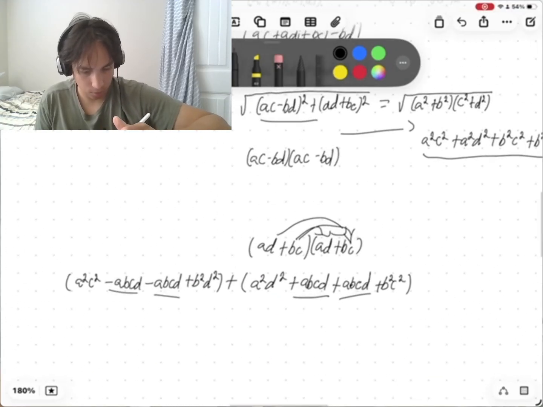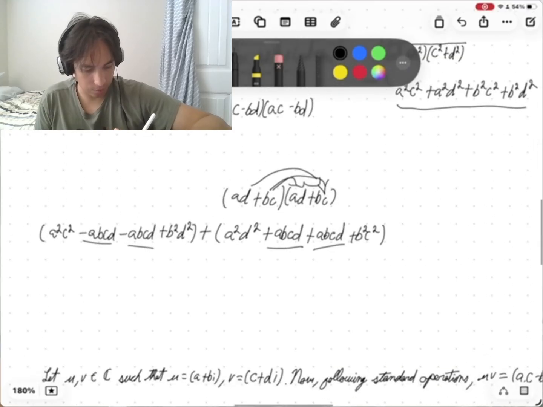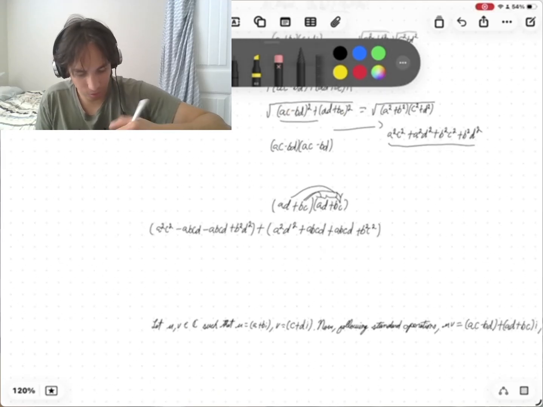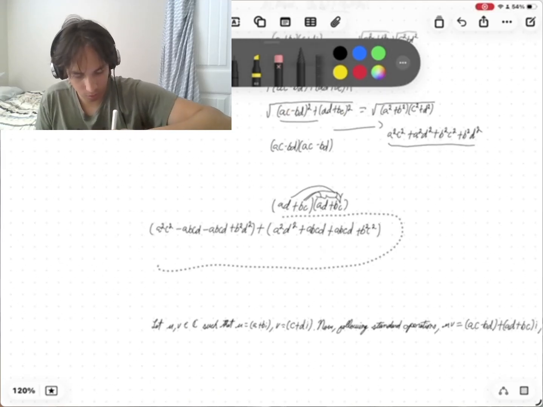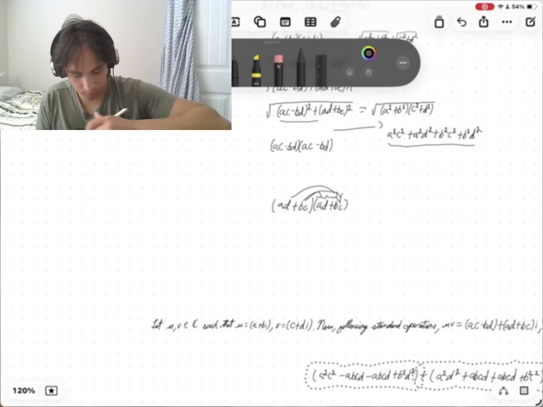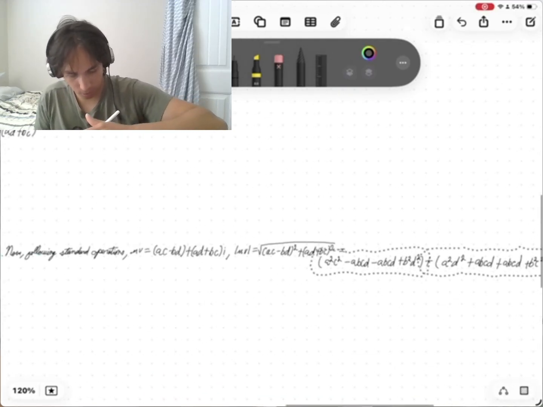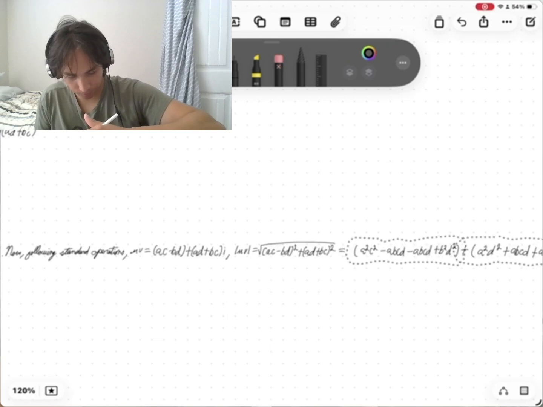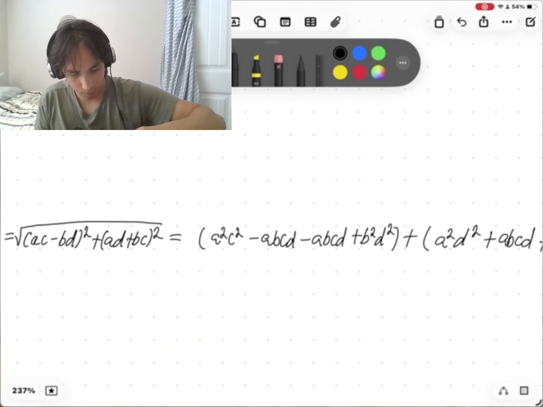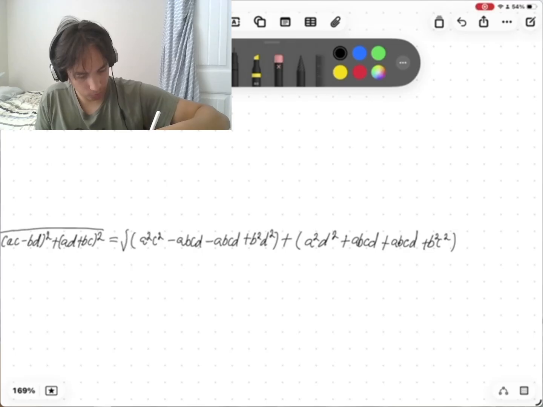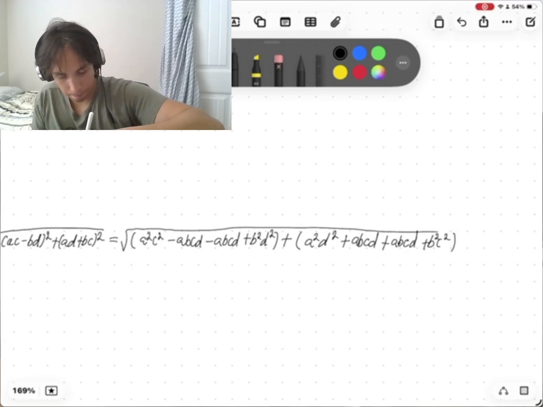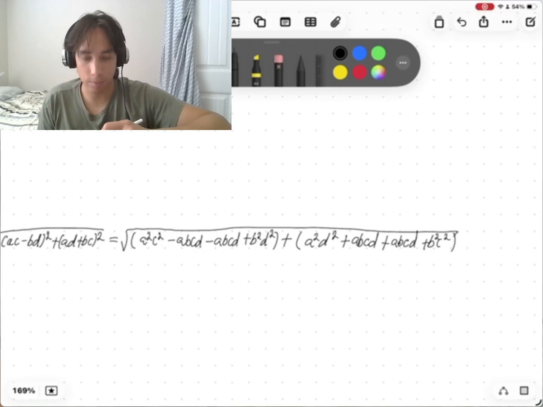So which equals AC, I'm just going to copy it, and I put it under the square root. Boom. There we go. Put it under a big square root. I'm already past an hour. Wow.